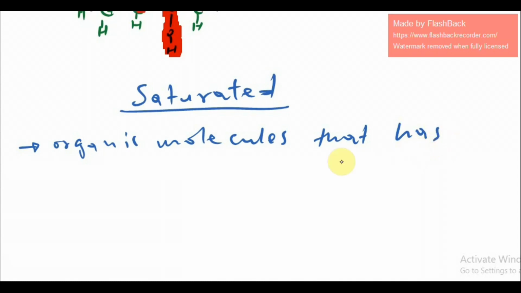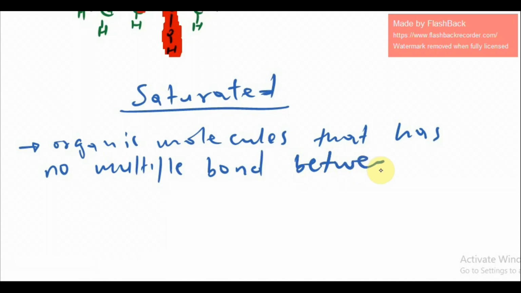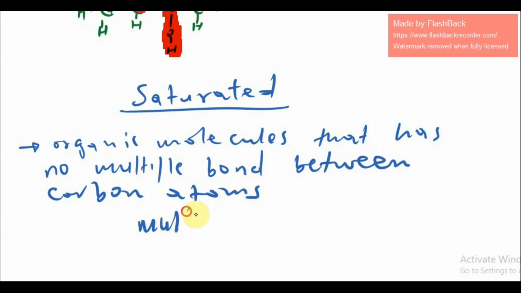no multiple bond between carbon atoms. A multiple bond can be a double bond or a triple bond.